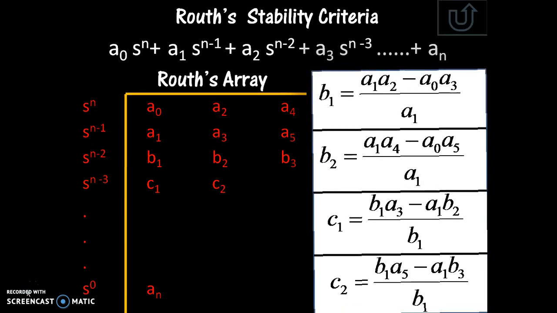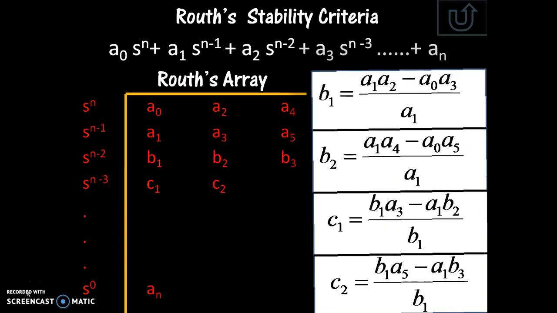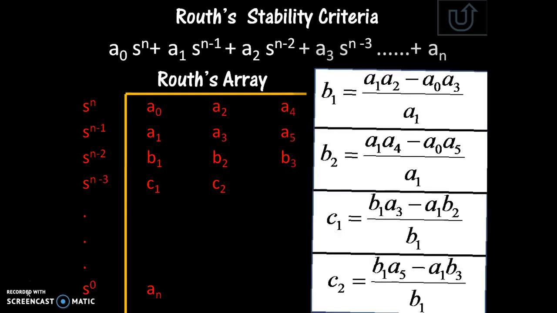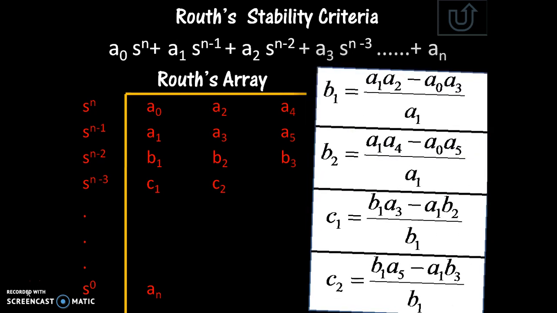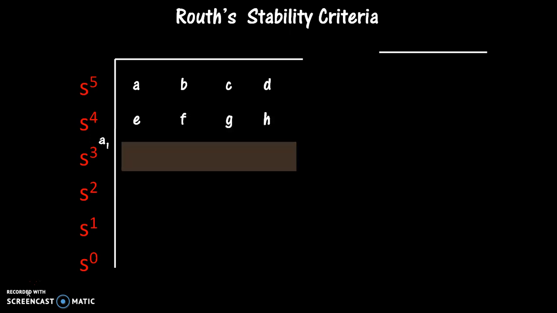So, how to calculate the values of B1, B2, B3, means how to fill the third row, then how to fill the fourth row, and so on until we get the 0. So we have seen that if A, B, C, D are the entries of the first row, E, F, G, H are the entries of the second row, how to fill this third row? It is simple. Let the first entry be A1.